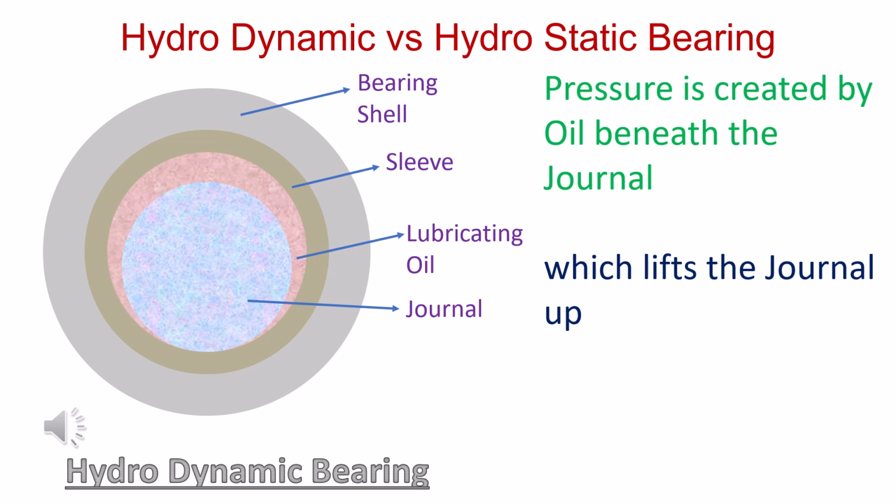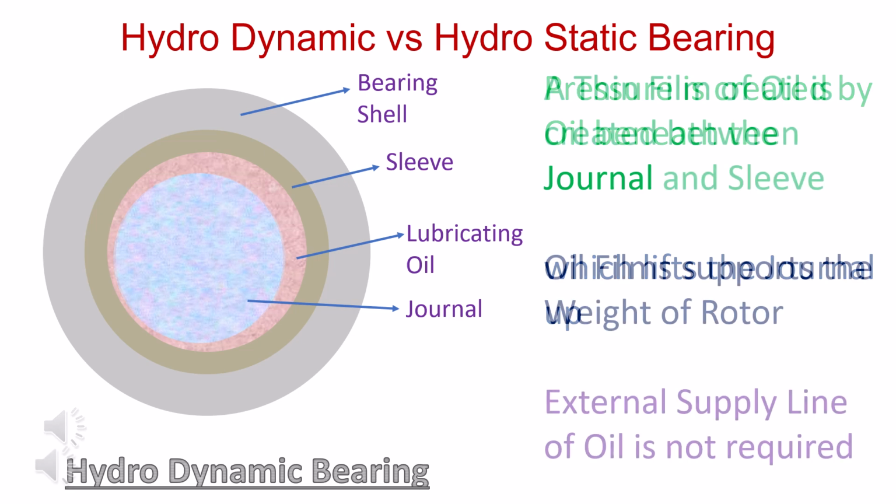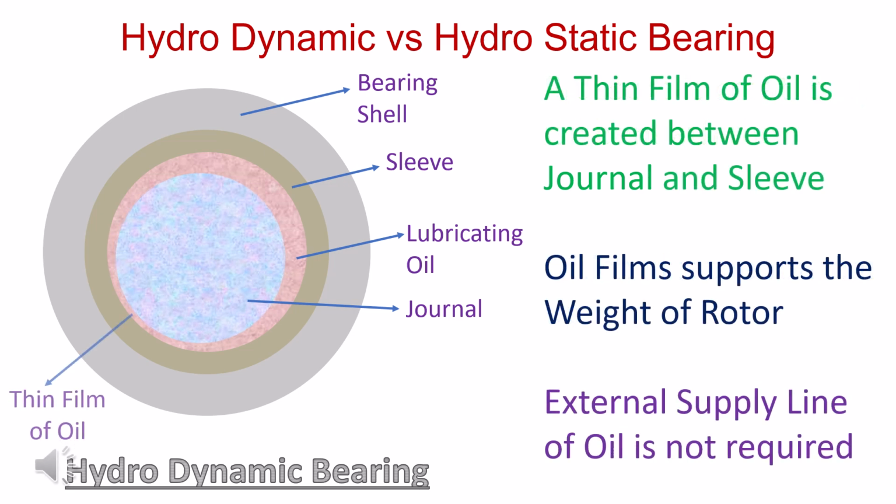Pressure is created by oil beneath the journal, which lifts the journal up. A thin film of oil is created between journal and sleeve. Oil film supports the weight of the rotor. External supply line of oil is not required.